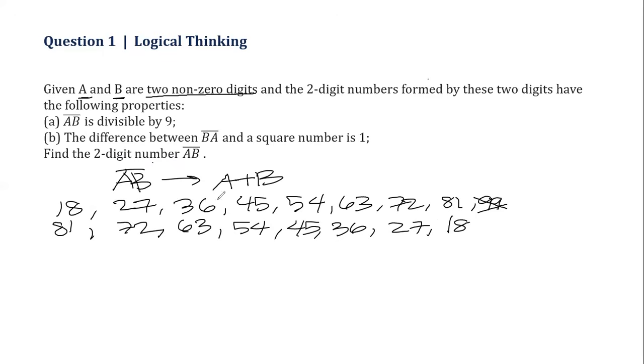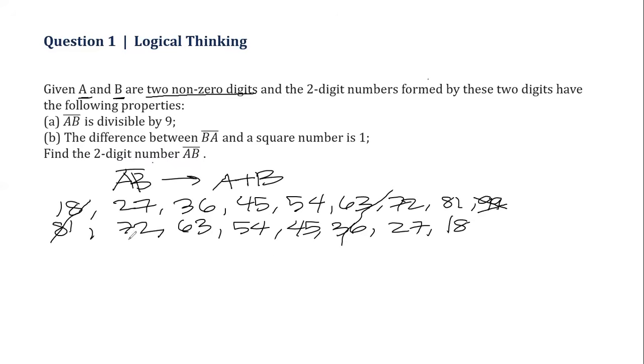The second condition says that the difference between BA and a square number is 1. So with this, we're going to eliminate all the cases where BA is a square number, since it cannot be a square number.